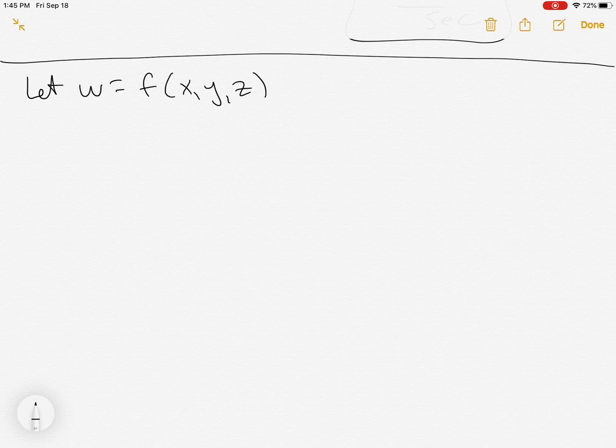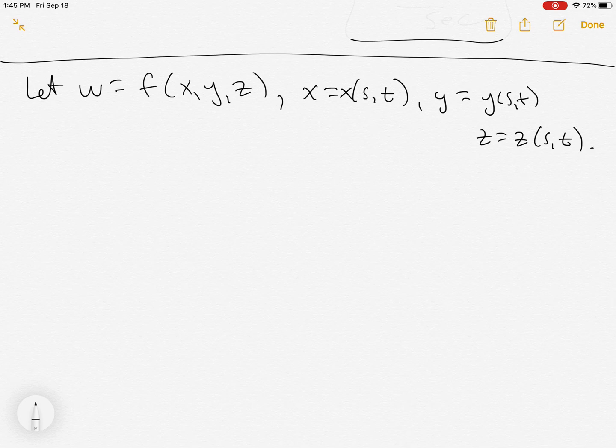So now we're in 4 space, but that's all right. Each one of these x, y, and z are going to be functions of 2 parameters. So x is a function of s and t, y is a function of s and t, and z is a function of s and t.